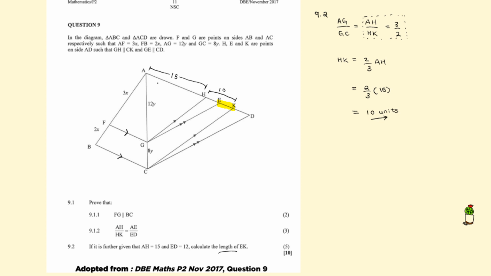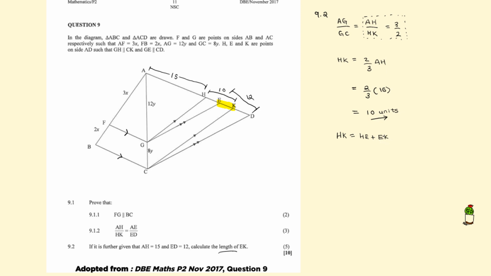Okay, they also give me that from E to D is 12. HK, which is what we just worked out, is equal to HE plus EK, and EK is our target length.